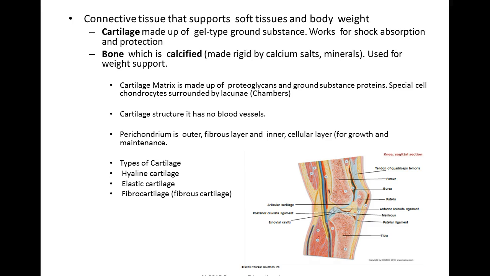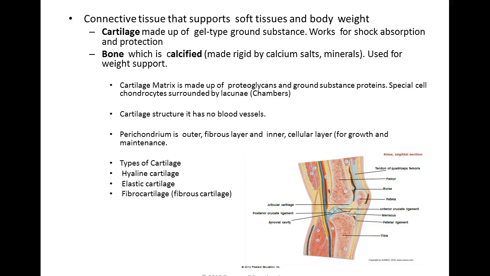Because again, everything in A&P builds on understanding something that came before. So you're still creating a dictionary in your head, and this is a Pictionary dictionary: pictures, function, structure of the tissue that's coming forward.